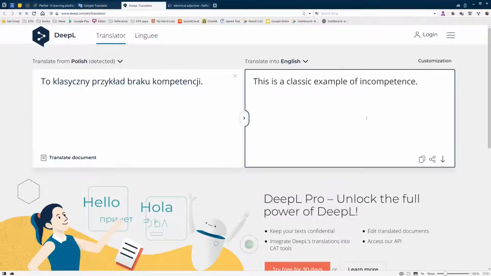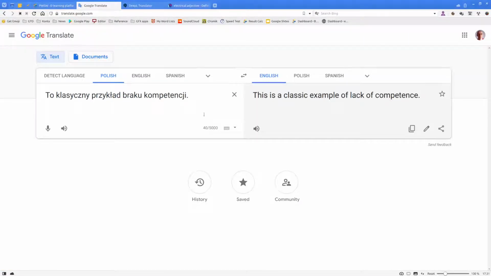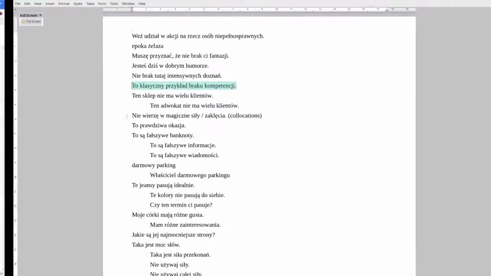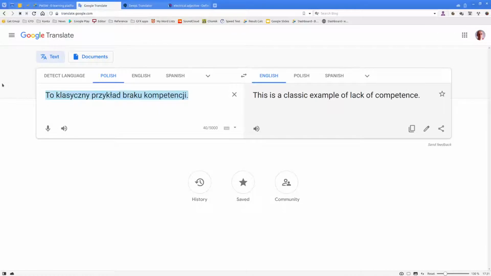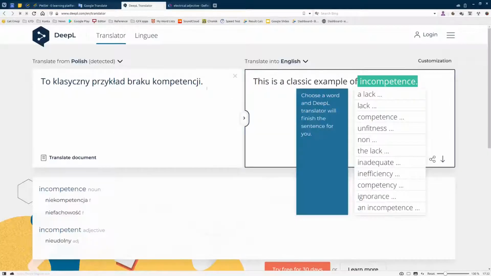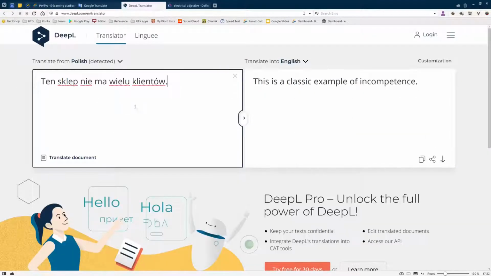Right, because we have this word which is commonly used. Okay. So no problem with that. And the same here.